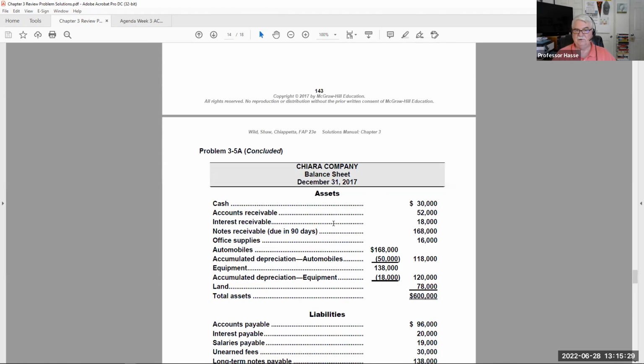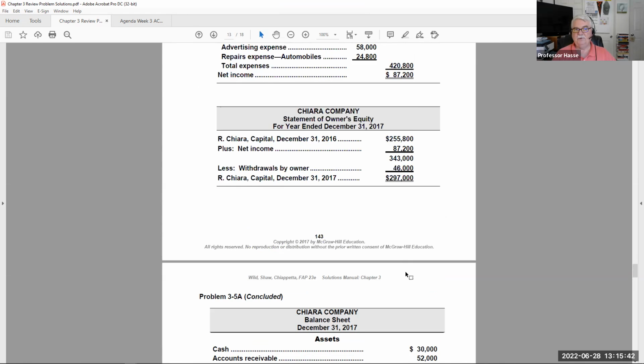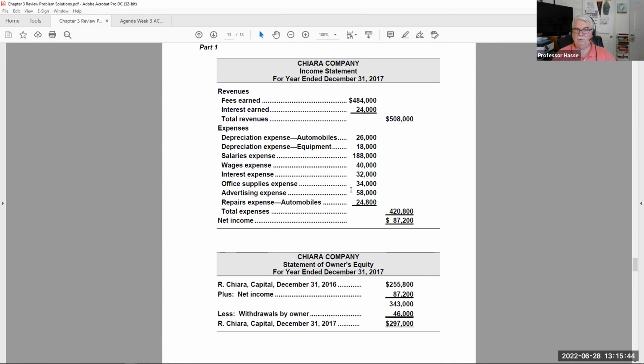They go from year to year. Why? How can we close out cash when we got money in our bank account? How can we close out the automobiles unless we sell them? Asset accounts and debt accounts go into the next year. But revenue and expenses are always closed at the end of the year. And that's what the closing entries are all about in chapter 4. And we'll discuss that in our next video.